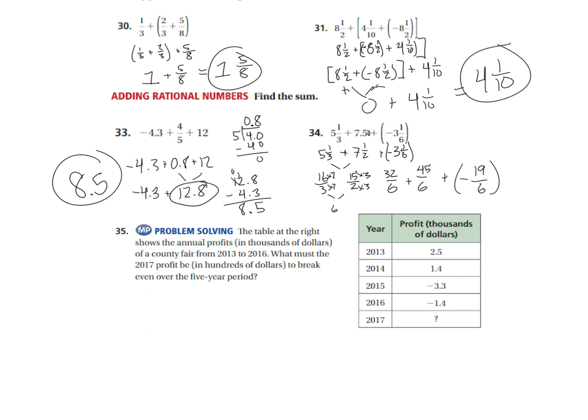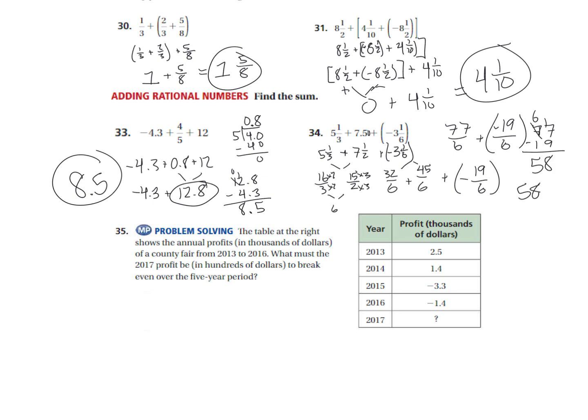All right, 32 plus 45 is going to be 77. Right, I combine those two, plus negative 19/6. Now I've got two different signs going on, so I'm going to subtract. 77 minus 19 is 58.